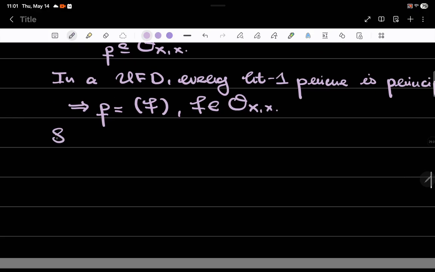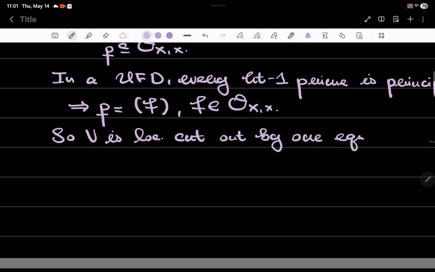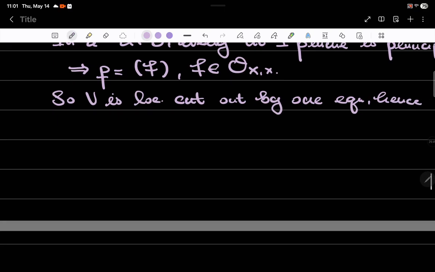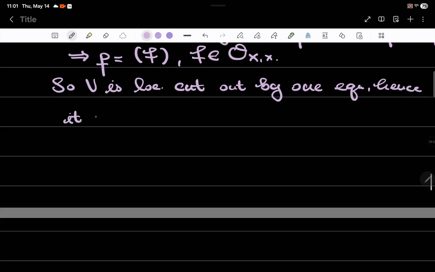So V is locally cut out by one equation, hence it is Cartier. And the result follows.